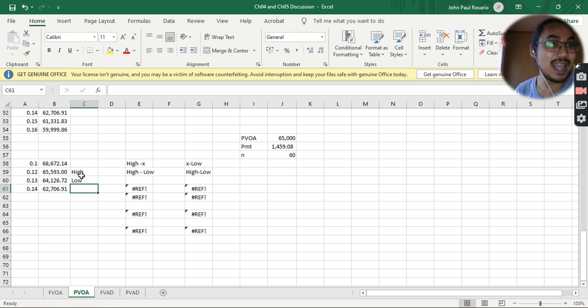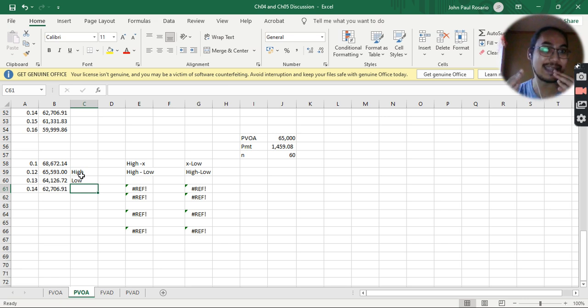I prefer looking at the present value factors, the present value computations themselves, rather than the interest rate. Because as you can see, guys, when it comes to future value, it's okay because it's proportional: the higher the interest rate, the higher the future value, and the lower the interest rate, the lower the future value.